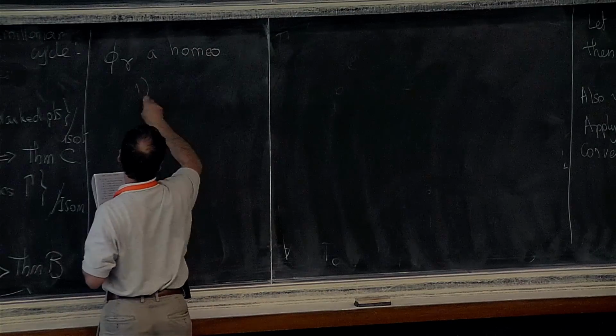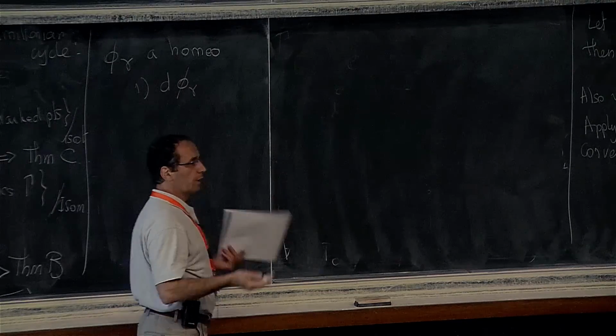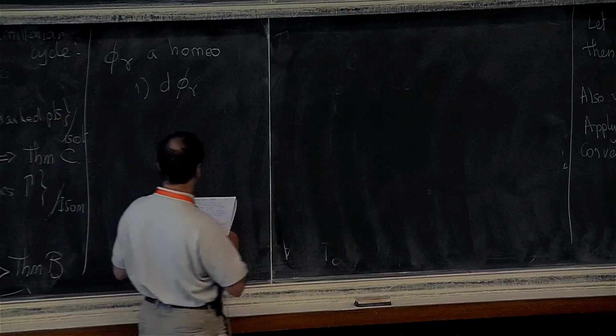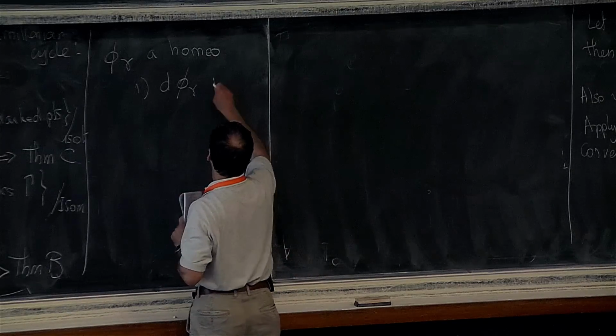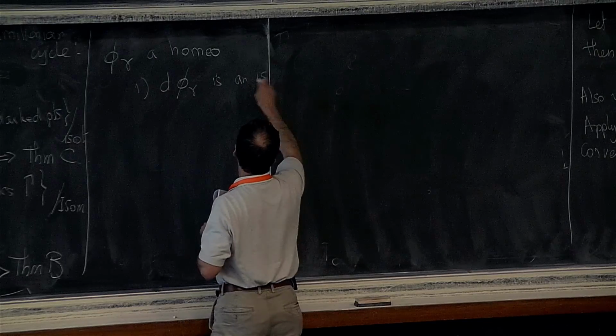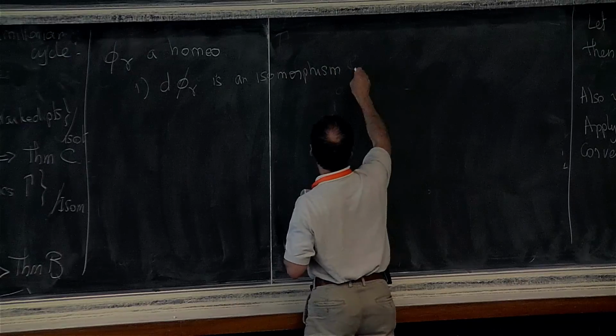So the first thing you have to prove is that at each point, the differential of phi gamma, so this is a map between two spaces of finite dimension, and you can prove that the dimension is the same. So you can look at the differential of this map, which happens to be differentiable, and it is an isomorphism at each point.